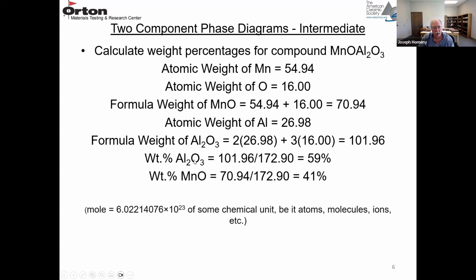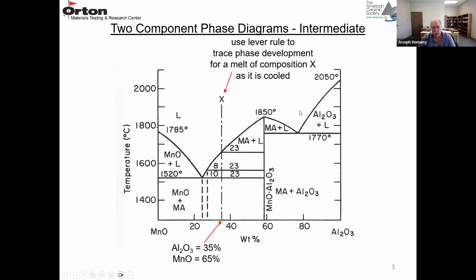So the weight percent of Al2O3 is just 101.96 divided by the sum of these two, 70.94 and 101.96, so that's 172.9. So 59% alumina, and the manganese oxide is 70.94 divided by 172.9, or 41%. So that's what we have here, 59% alumina and 41% MnO.